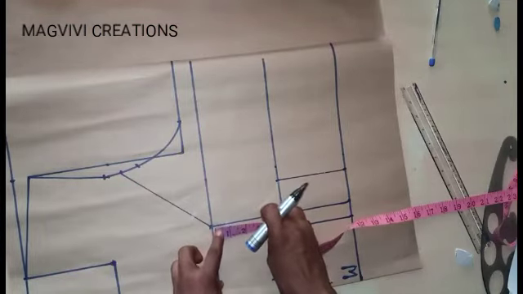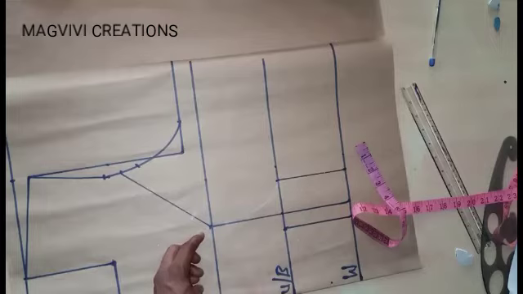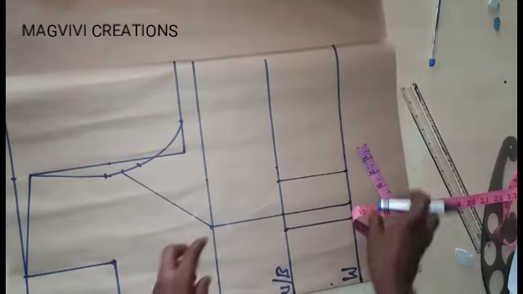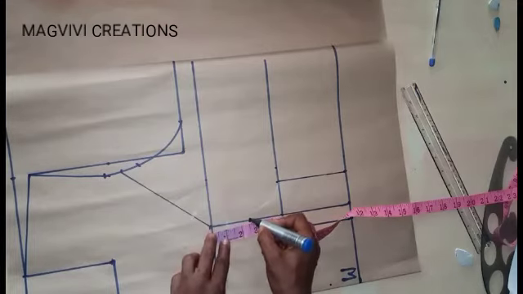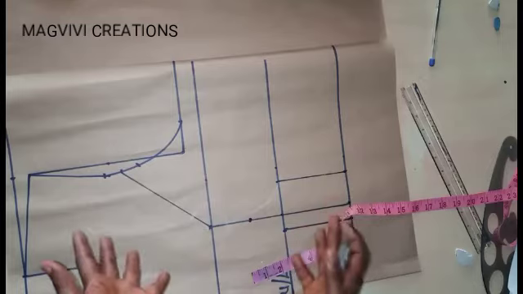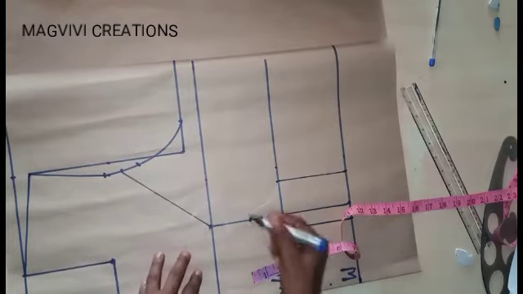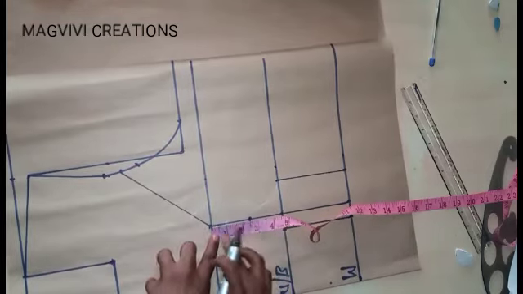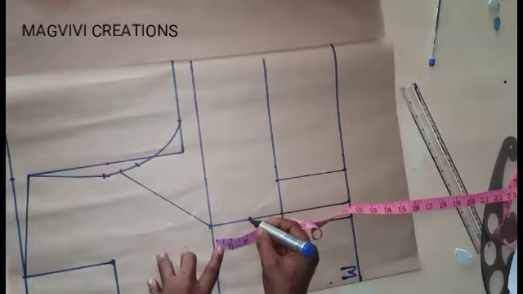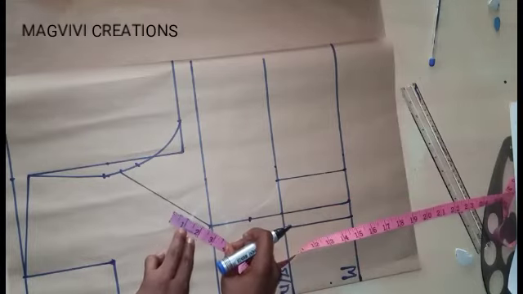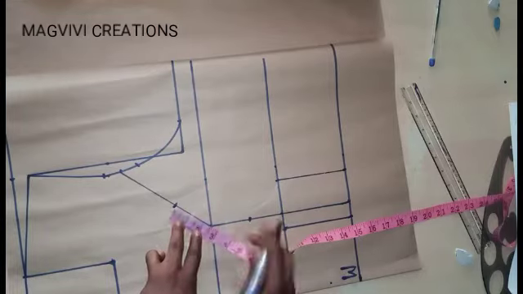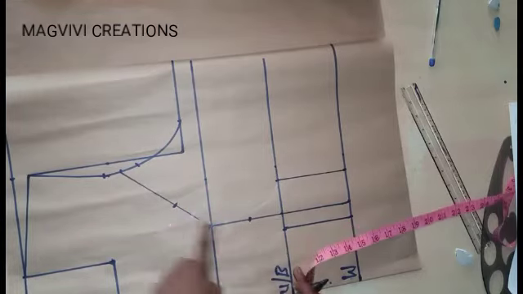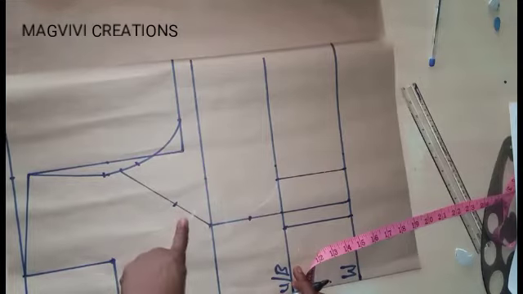But in this case where I have 10 as the difference, that is the bust circumference minus under bust circumference is 10, what I will use here is 2.5 to create a cup that would accommodate the bust size. So I stepped down from my bust point by 2.5 and marked it. I will do the same up here. From the bust point up here, I'll mark 2.5. Whatever you're marking here, also mark it on this side.